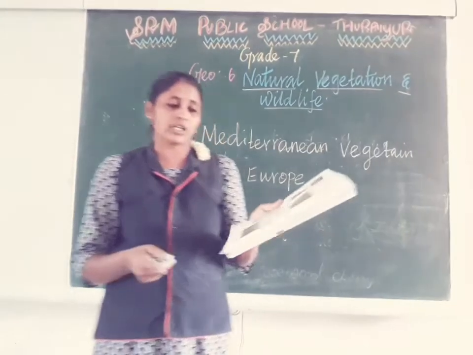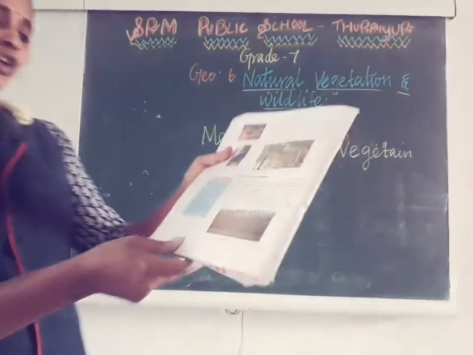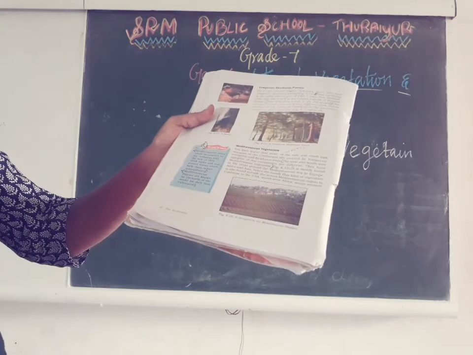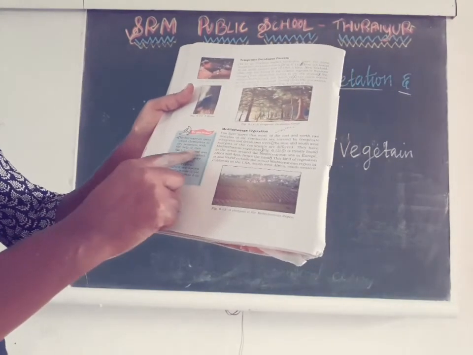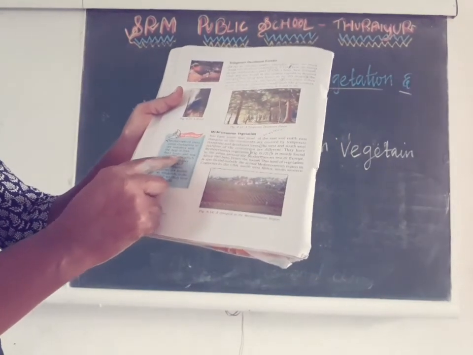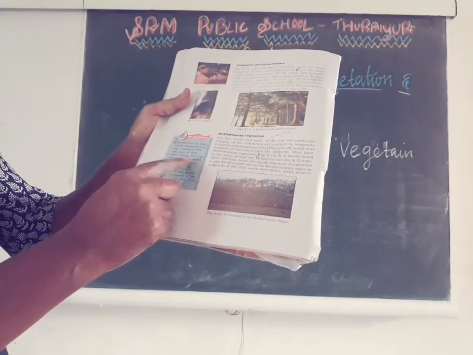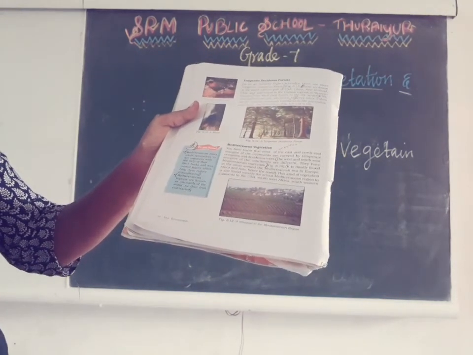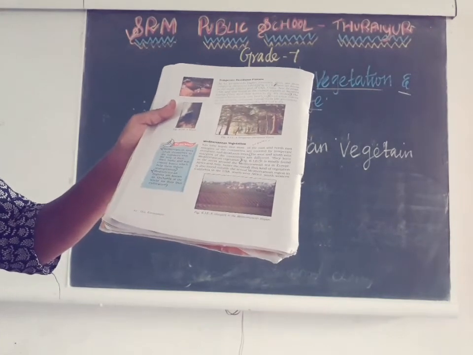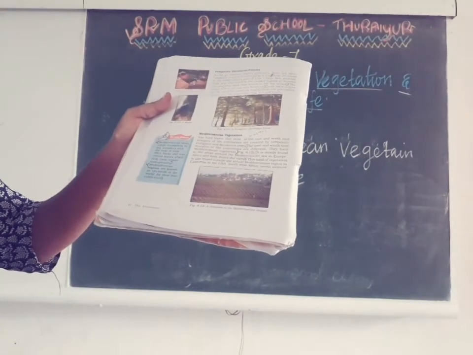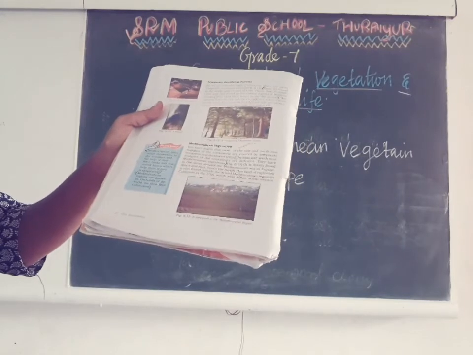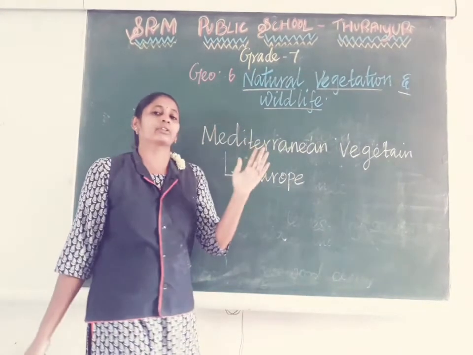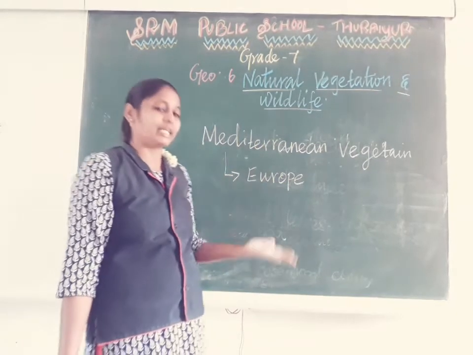Okay, in your book they mentioned this part: Mediterranean trees adapt themselves to dry summer with the help of their thick barks and wax covered leaves, which help them to reduce transpiration. Okay, so Mediterranean regions are known as the orchards of the world for their fruit cultivation. Okay, so this Mediterranean forest is very good for fruit cultivation.